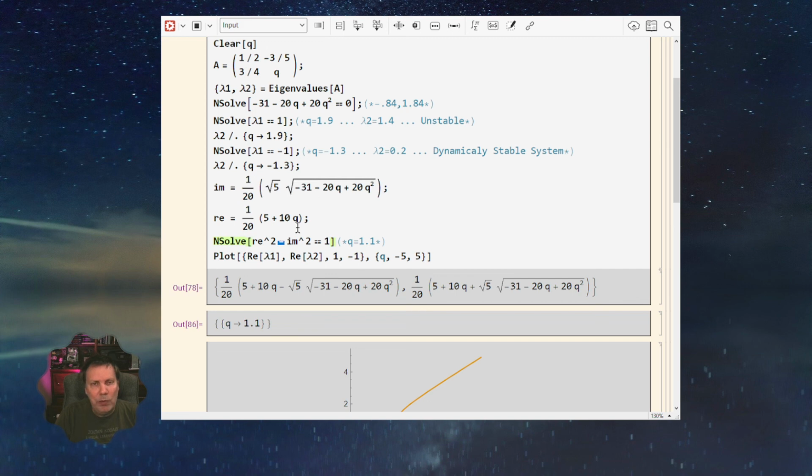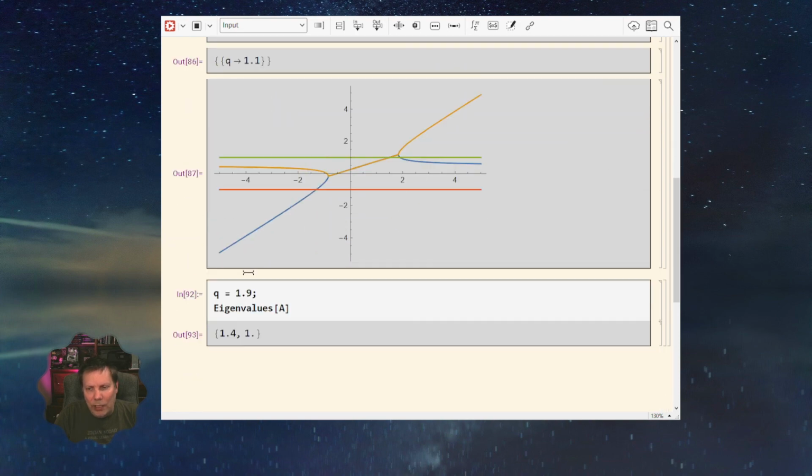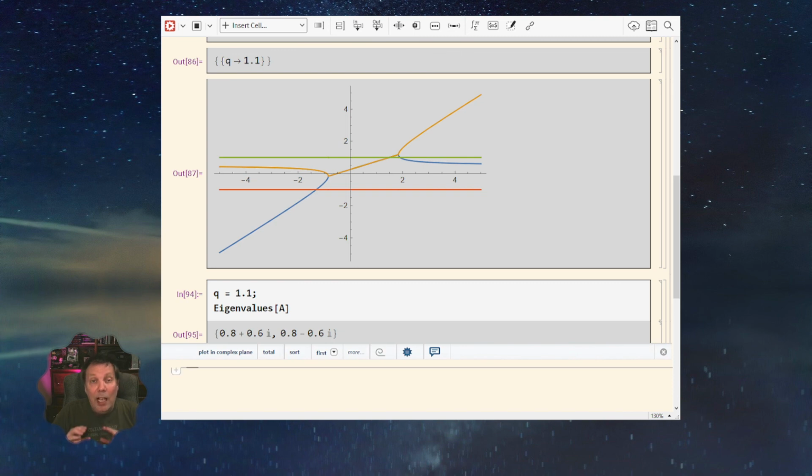So i squared was negative 1. That's going to compensate with this minus sign and make it a plus eventually. Well, I wound up getting 1.1. Now, when Q is 1.1, I went over here and said, take a look at the two eigenvalues for this, and both of them had modulus 1. And that's how I wind up getting a dynamically stable system.